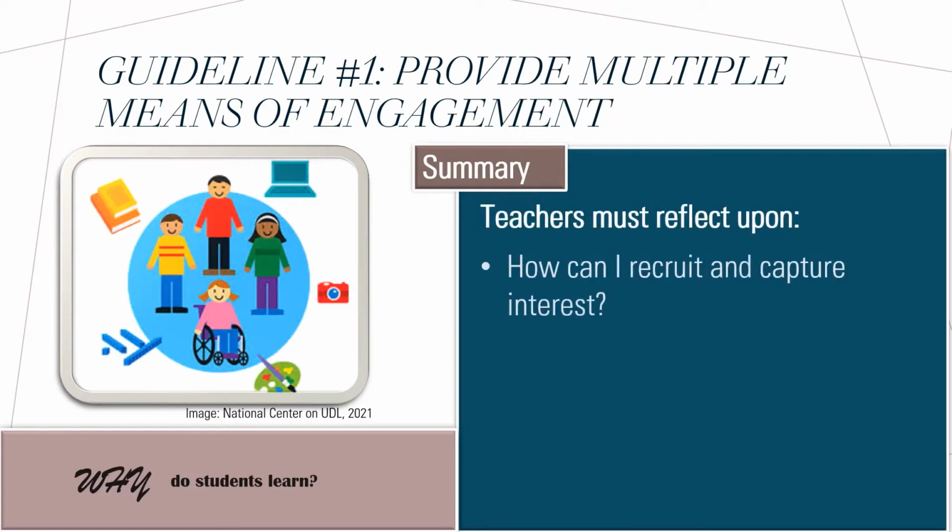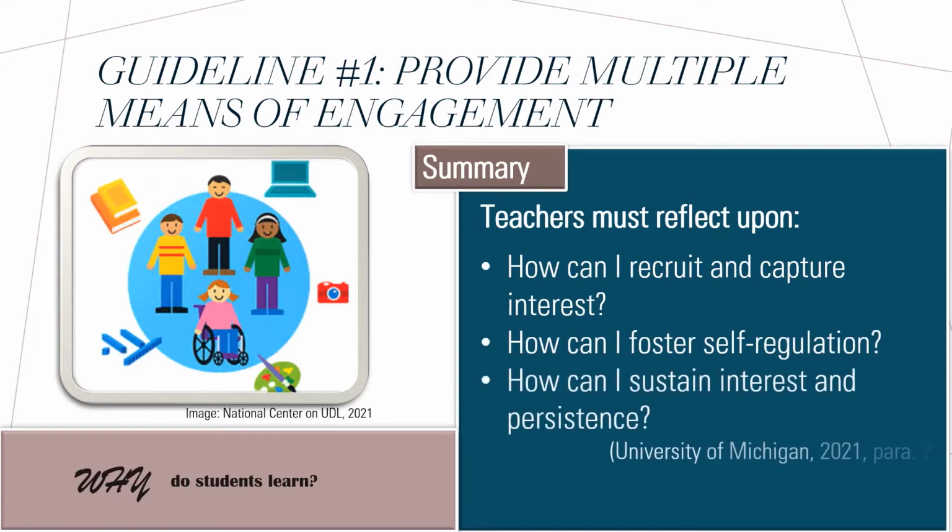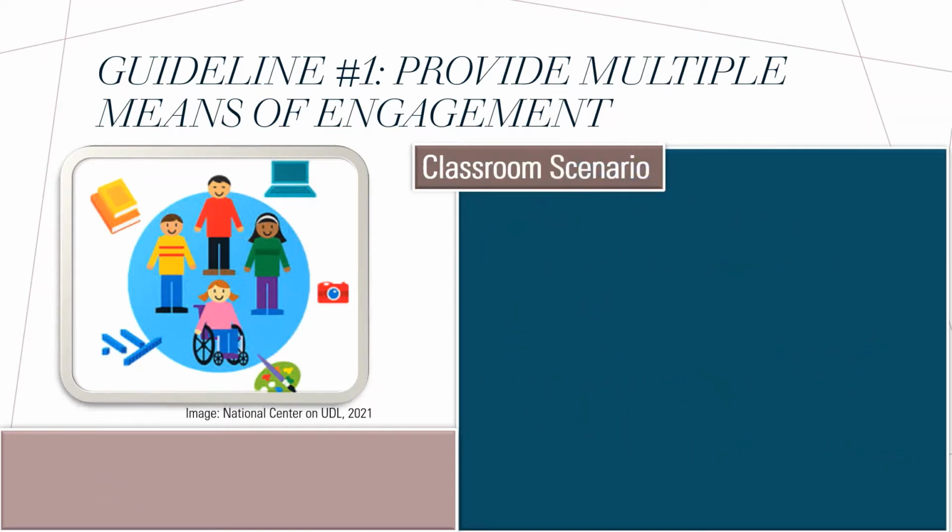To adhere to guideline number 1, teachers must reflect upon how can I recruit and capture interest? How can I foster self-regulation? And how can I sustain interest and persistence? Consider this classroom scenario in a grade 6 math class discussing integers.